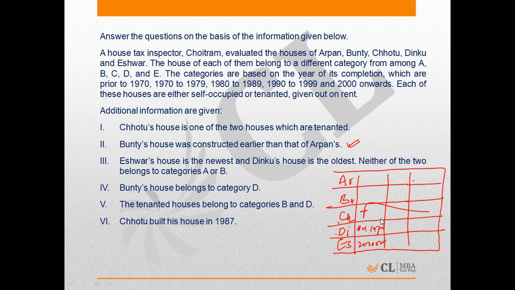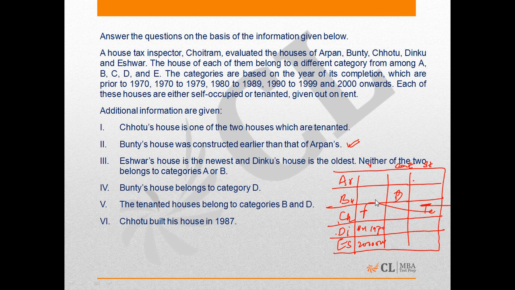In the fourth statement, it is given that Bunty's house belongs to category D. So Bunty's house belongs to category D, and this is the status, occupied by oneself or tenanted, and T should be located here, which stands for tenanted.